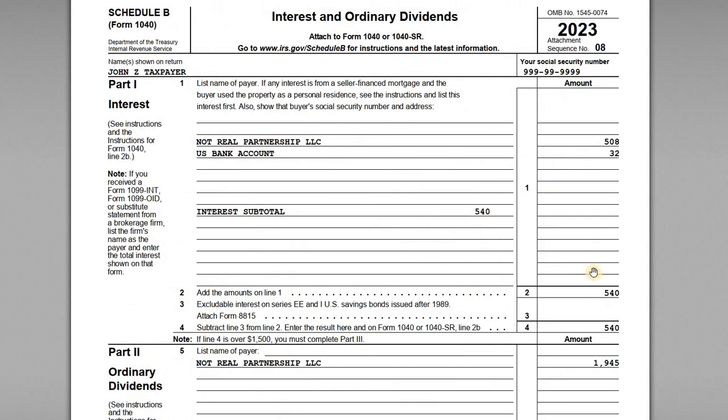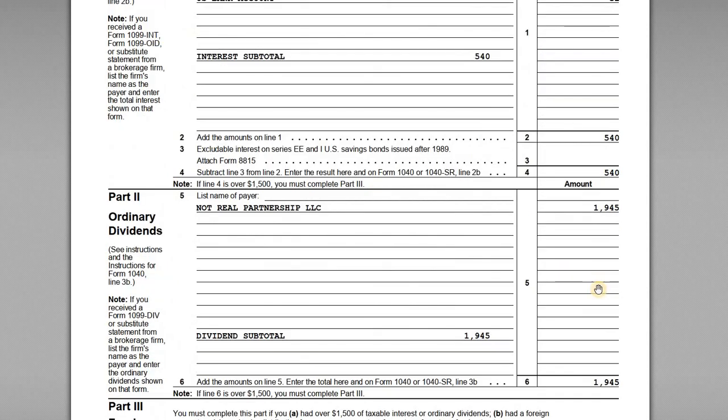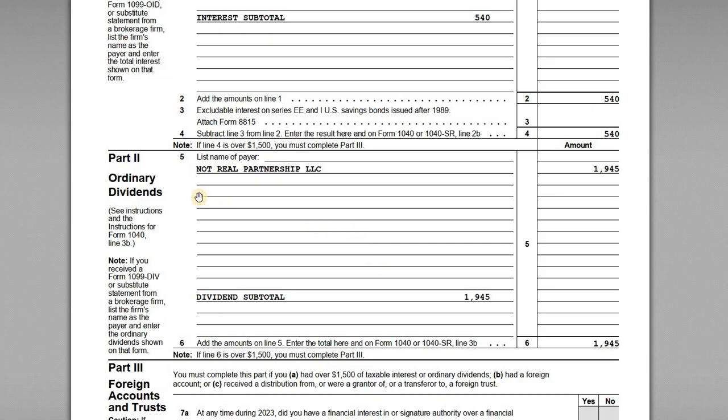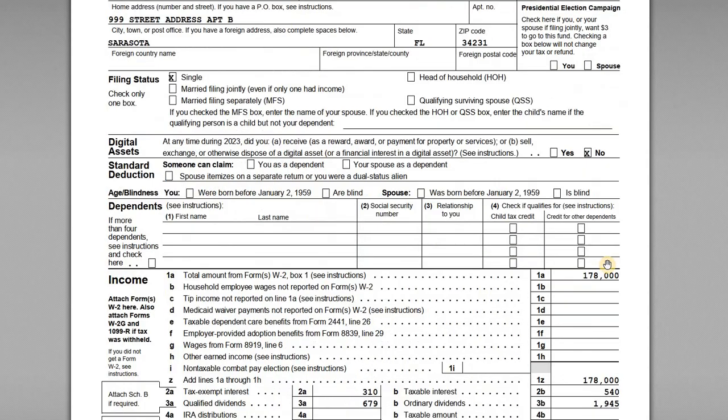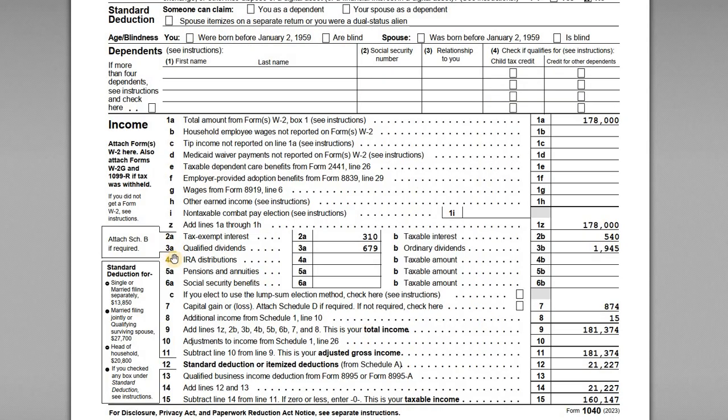So similar to the interest, the dividends get reported on Schedule B. So we have the Schedule B dividend income. So the total ordinary dividends, $1,945. Now the qualified portion is separately stated in 2 places, right? So it's separately stated on page 1 of the 1040, on line 3a.